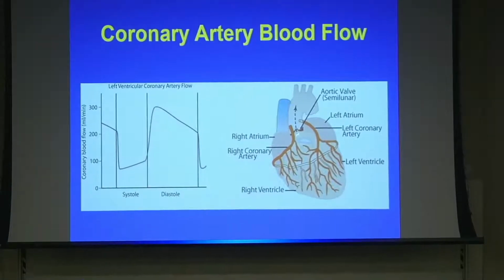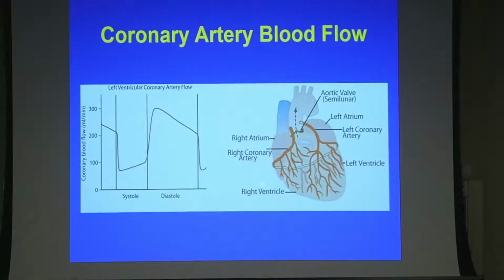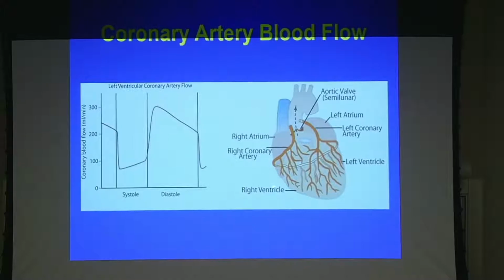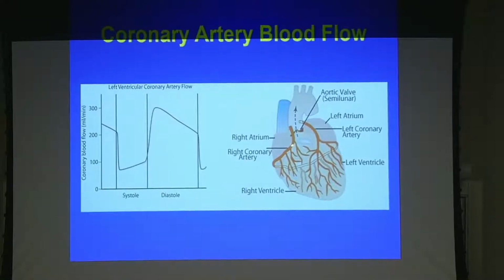And you remember we said that the two coronary arteries that feed all the blood to the myocardium originate at the base of the aorta. And when the muscle's contracting and blood is rushing by these openings, we don't get much flow down to the myocardium. That's shown here on this graph.